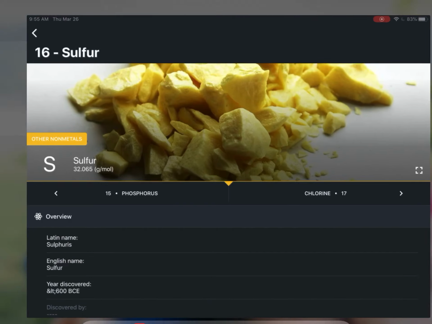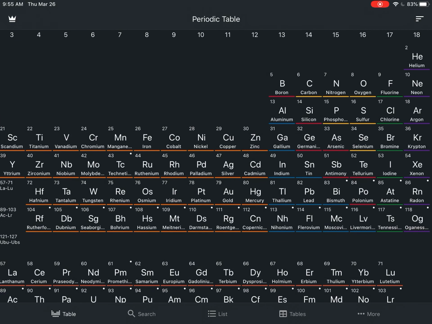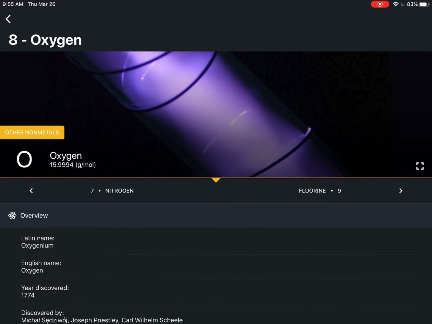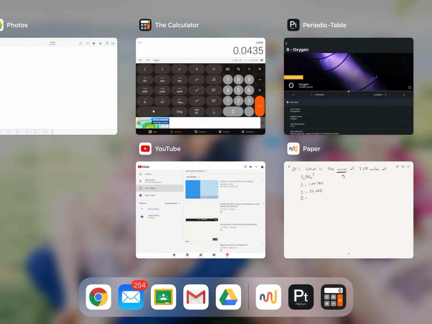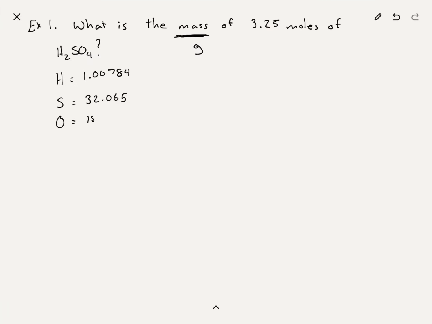And oxygen has a molar mass of 15.9994. Okay, so we have 2 hydrogen here, so we need to multiply this by 2. We've only got 1 sulfur, and we have 4 oxygen, so we're going to multiply that by 4.